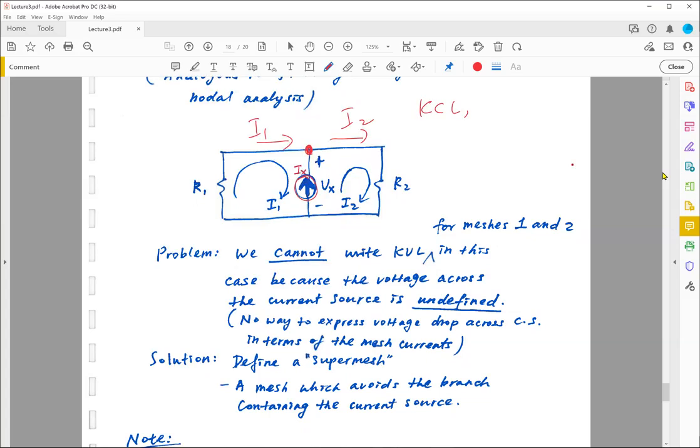Using KCL, the current flowing into the node is I1 plus Ix, and the current leaving the node is I2. So I can relate I1 and I2: I2 is equal to I1 plus Ix. Current entering the node is equal to current leaving the node. This will be one important equation that you need so that you can solve for I1 and I2. Two equations, two unknowns.